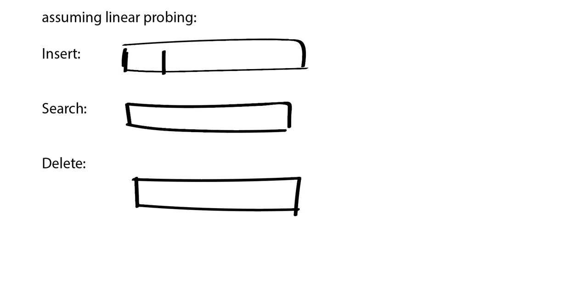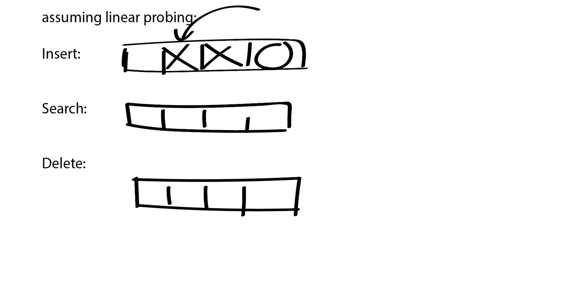All of these have some slots, and let's say for this first case with inserting, this slot has been taken, this slot has been taken, this slot has not been taken, and now you're inserting something that went to index 1.